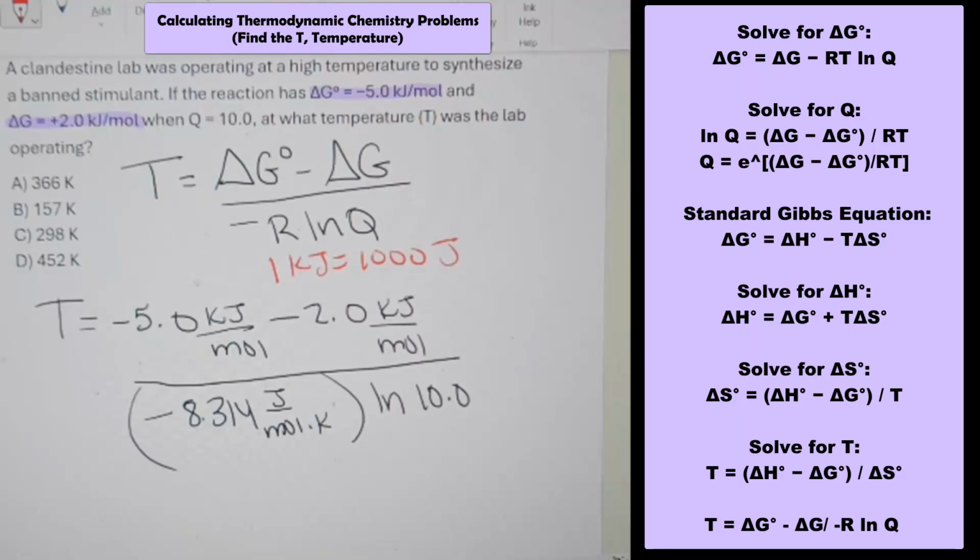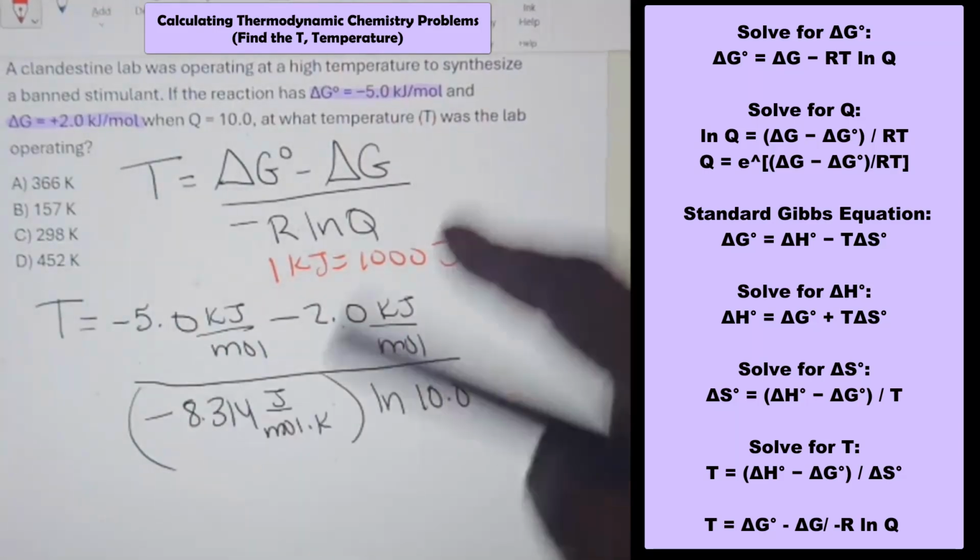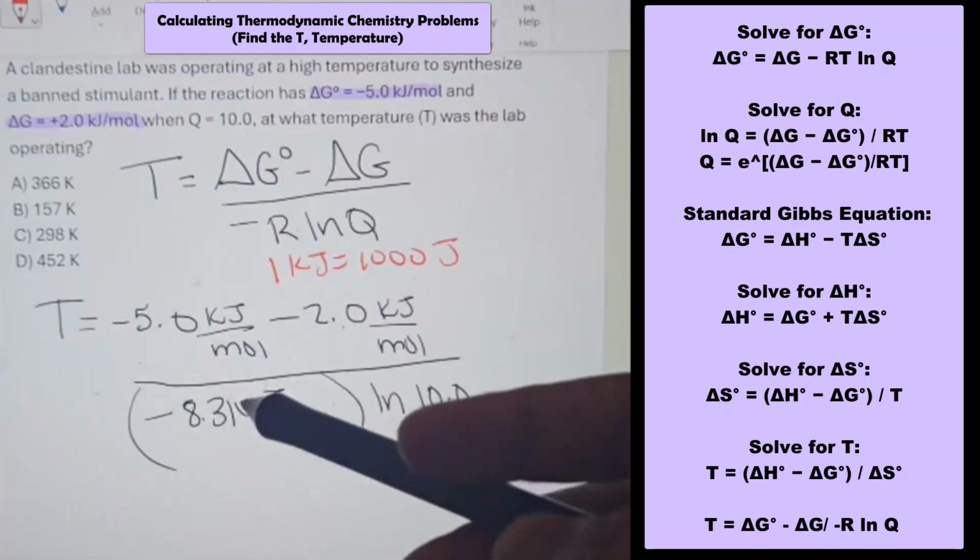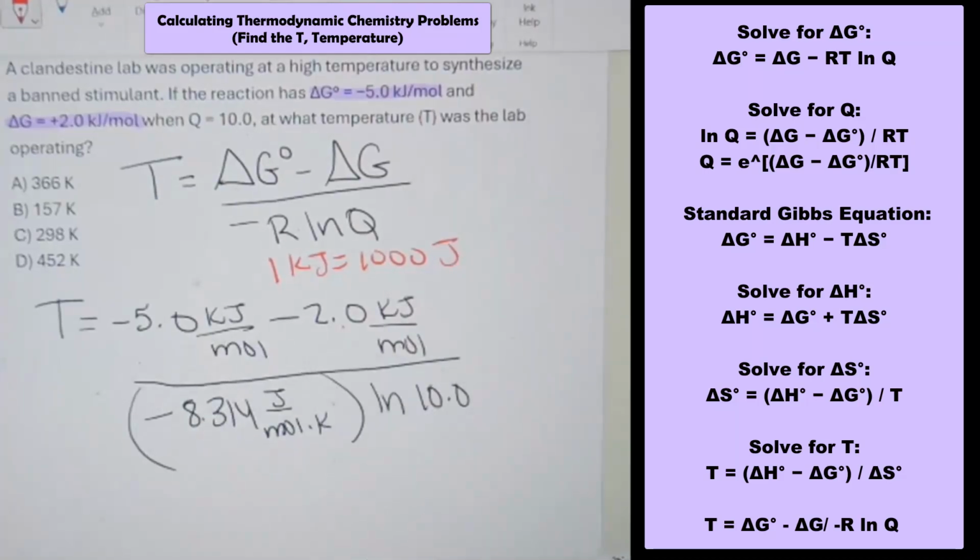So I'm going to multiply this top by 1,000. Negative 5.0 minus 2.0 is negative 7.0 kilojoules, and then you multiply that times 1,000. So on the very top you basically get negative 7,000 joules per mole divided by, now let's go ahead and do this part right here as well.